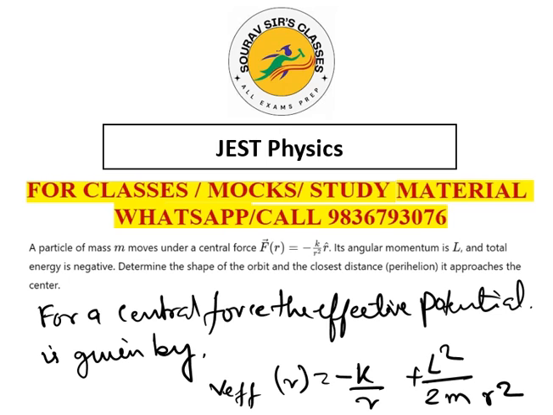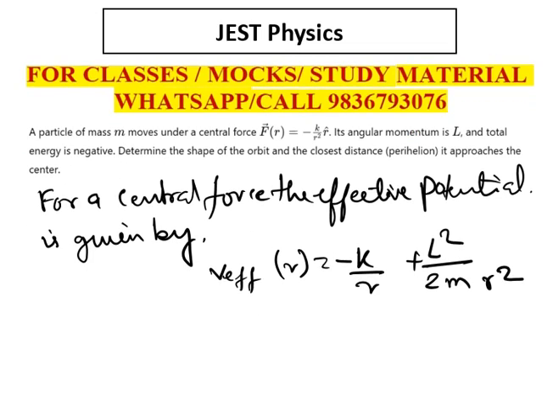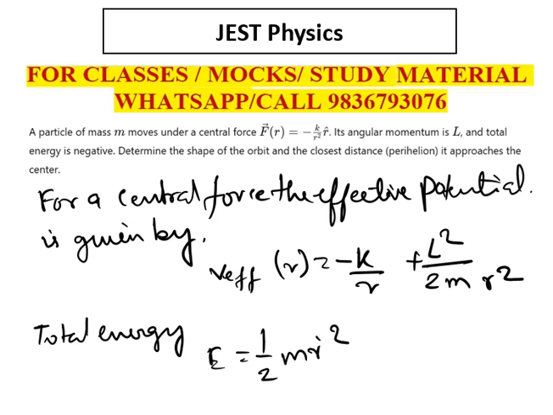So the total energy will be kinetic plus this effective potential. So the total energy we can write E equal to half m r dot square plus V effective as a function of R.